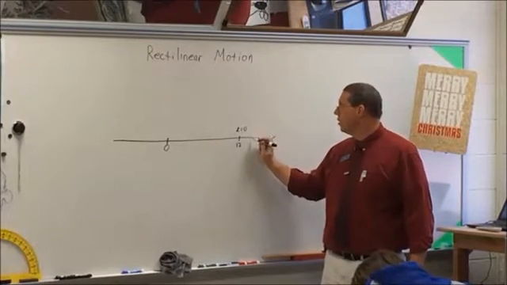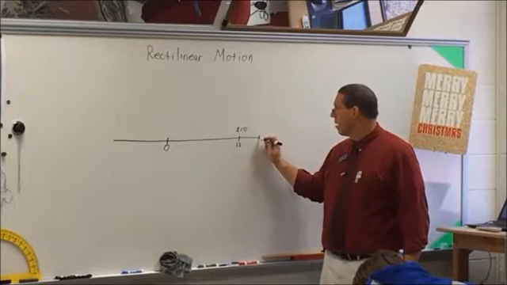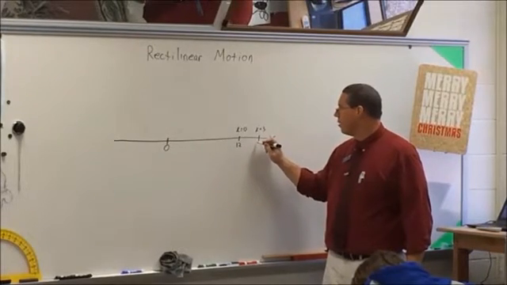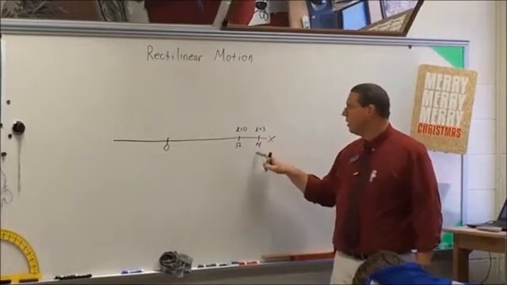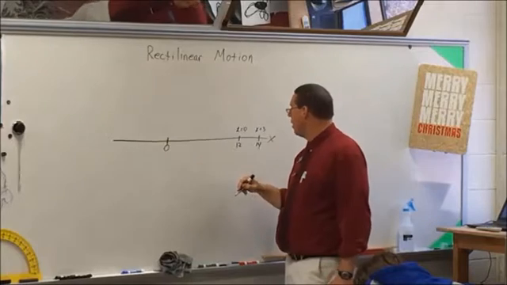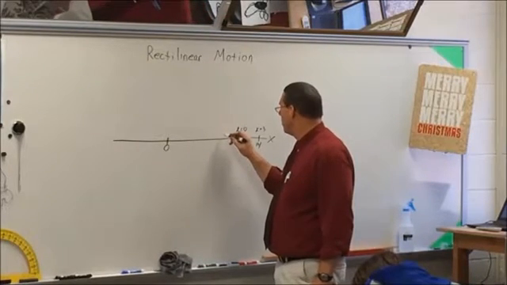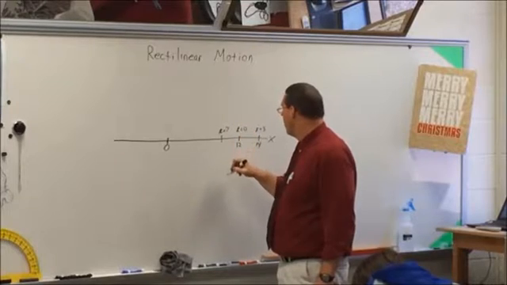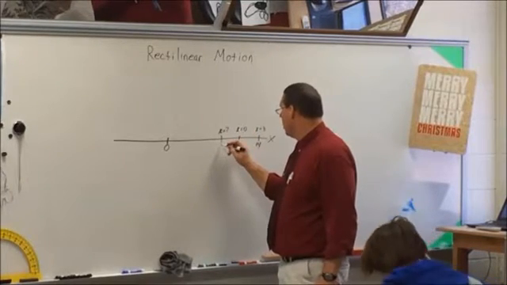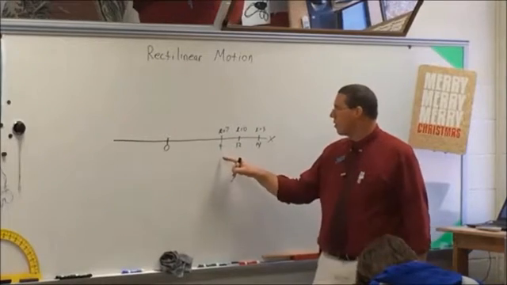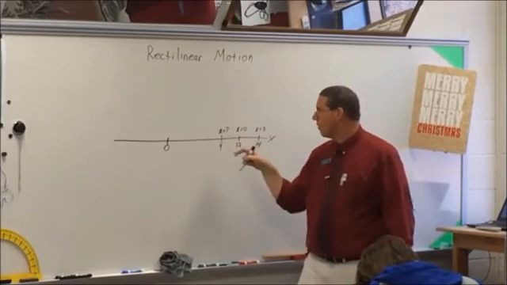Then I moved to, let's say by time 3, I was 14 feet to the right of the origin. Then I moved the other direction. And then at time 7, I was 9 feet to the right of the origin.